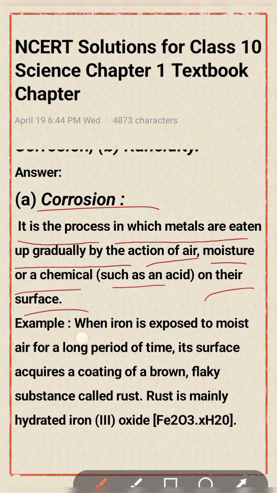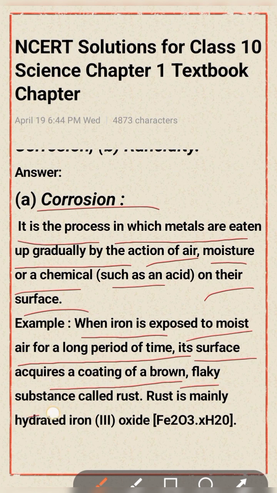For example, when iron is exposed to moisture and air for a long period of time, its surface acquires a coating of brown, flaky substance called rust.